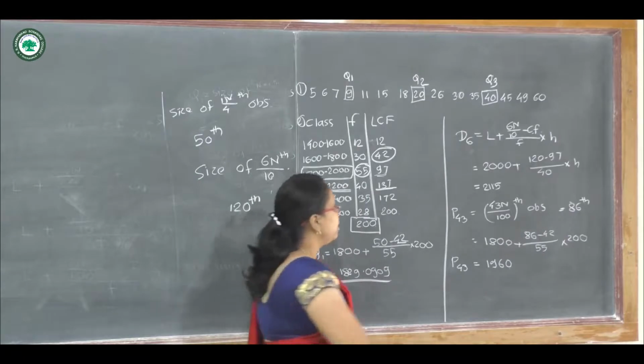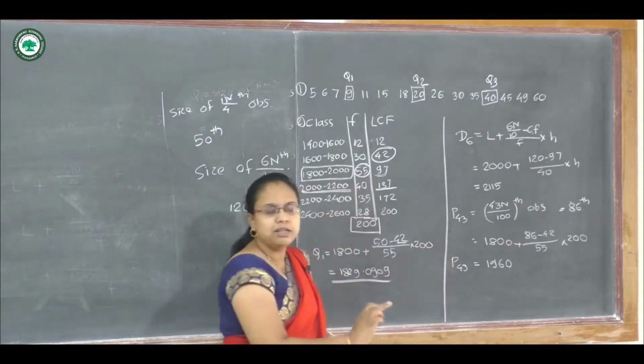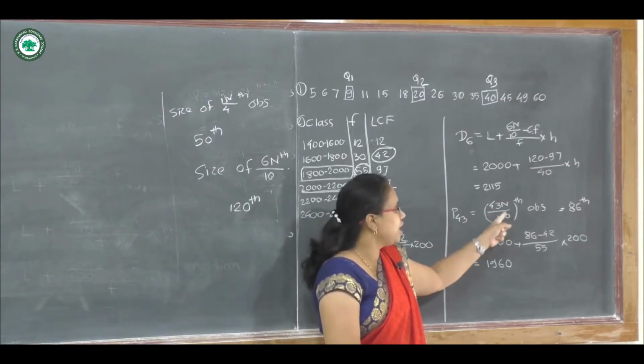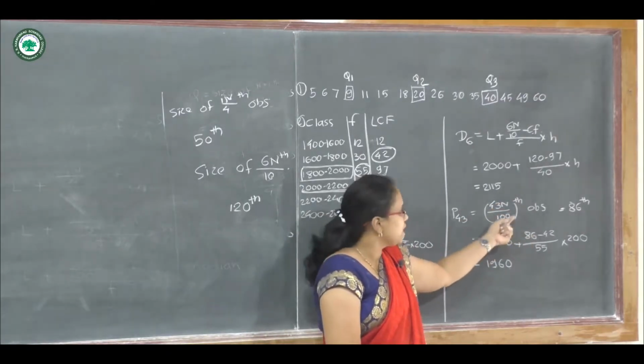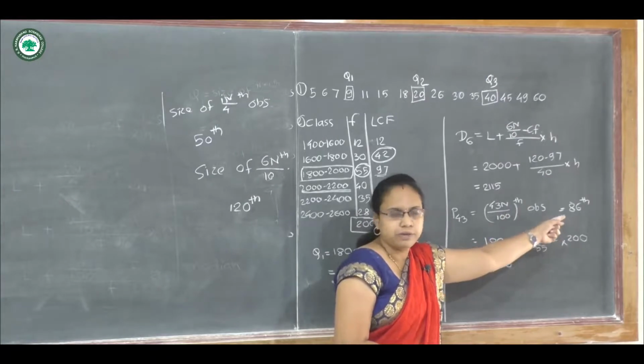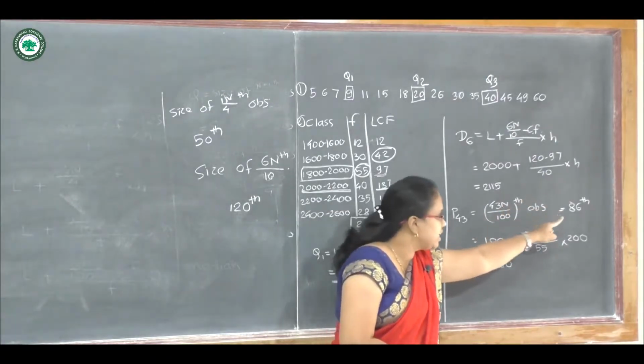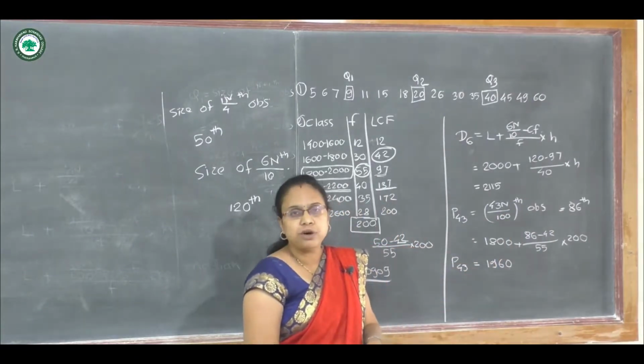Now we will calculate the 43rd percentile. For that purpose we first have to obtain 43n upon 100th observation. Putting n equal to 200, we get the size of 86th observation.